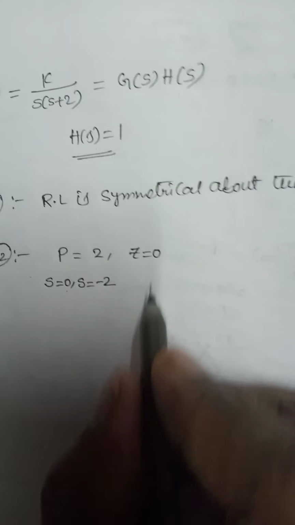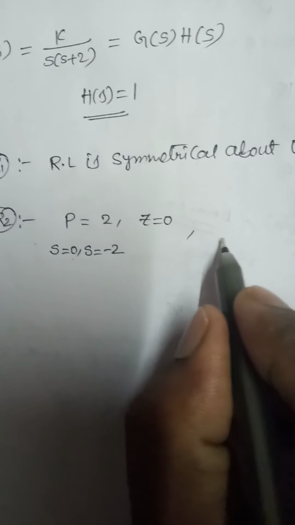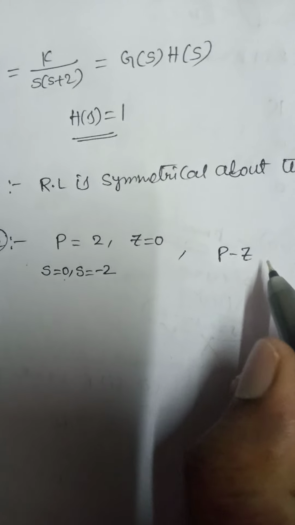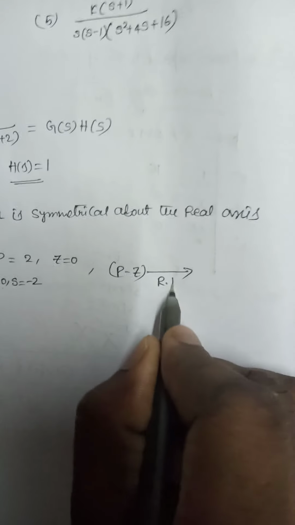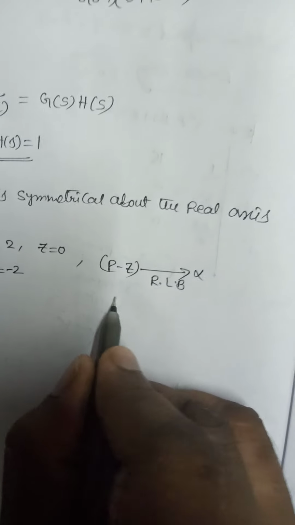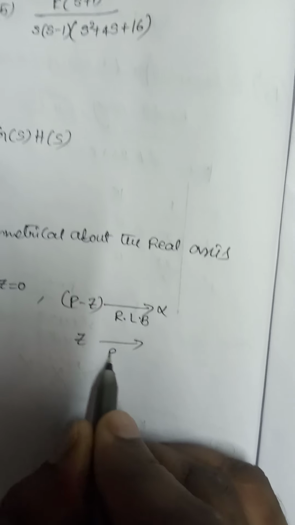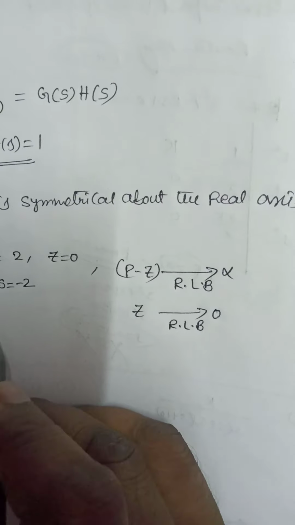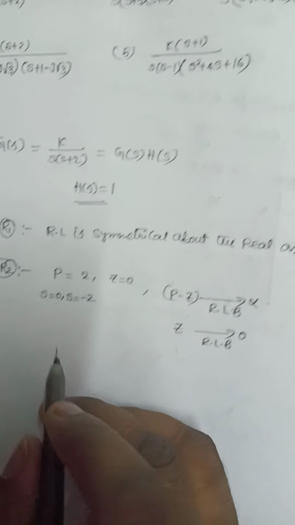Next, there are no zeros here, and P minus Z number of root locus branches will terminate at infinity. Z number of root locus branches will terminate at the zeros. That is about rule number 2 here.